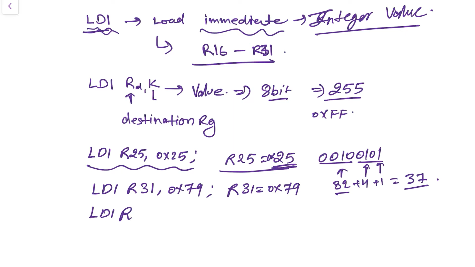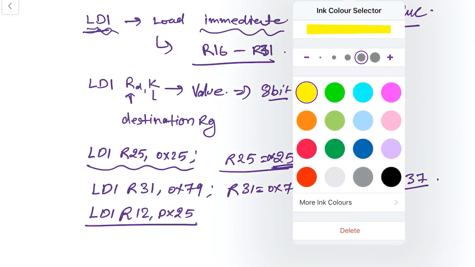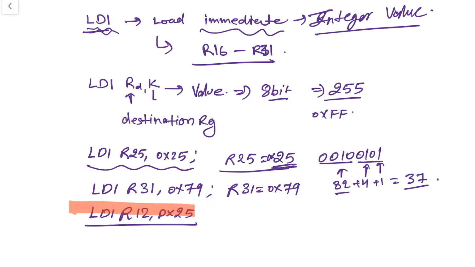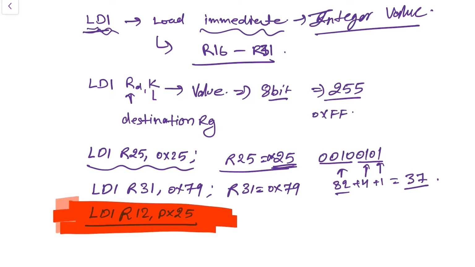If we say LDI R12 and then 0x25. As we discussed earlier, this is going to produce an error. Why this error?